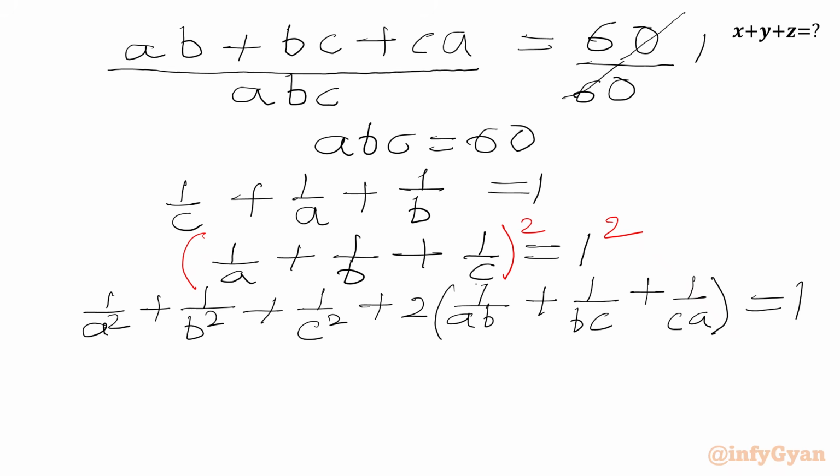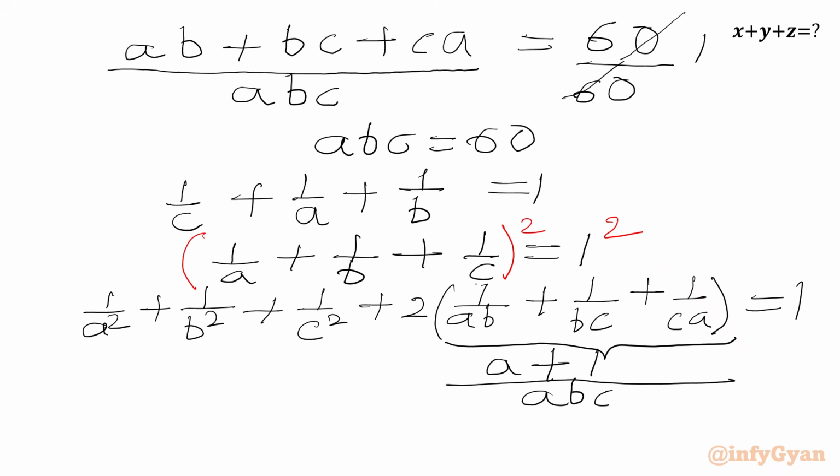Now we have 1 over AB plus 1 over BC plus 1 over CA. Let's simplify this. So I can take LCM over here. So I can write ABC in the denominator, and in numerator we will be getting A plus B plus C, or C plus A plus B, both are same. Now we know that A plus B plus C is nothing but 15, ABC is 60.